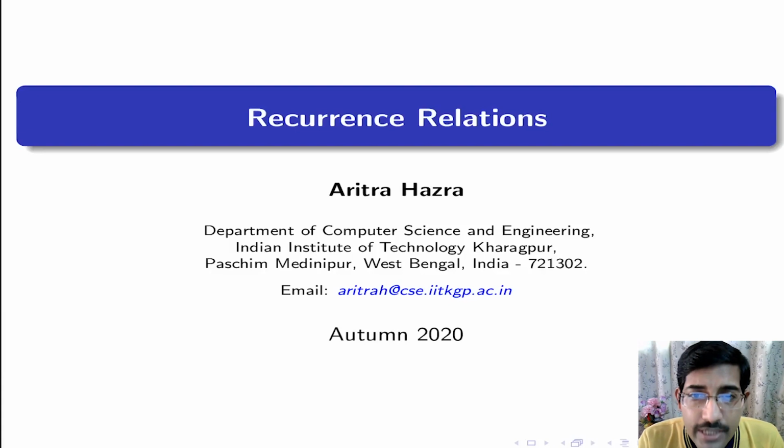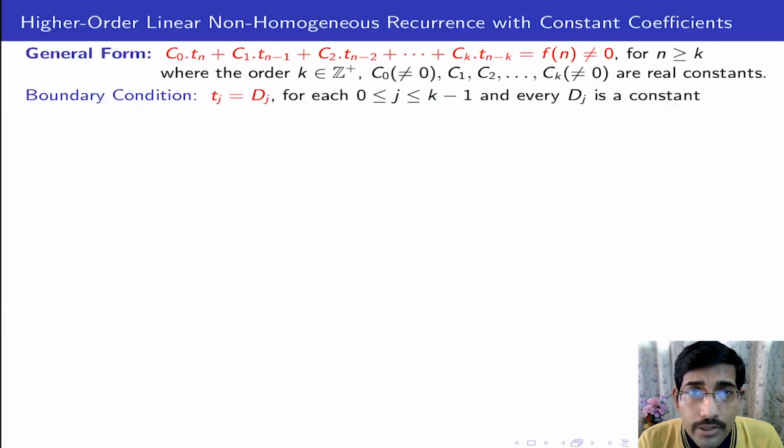So let us first try to generalize the concept of non-homogeneous recurrences that we have solved into higher order linear non-homogeneous recurrence formulation. The general form is a recurrence of order k, that is, Tn is dependent on the previous k of its occurrences, and it is non-homogeneous since Fn is not equal to 0.